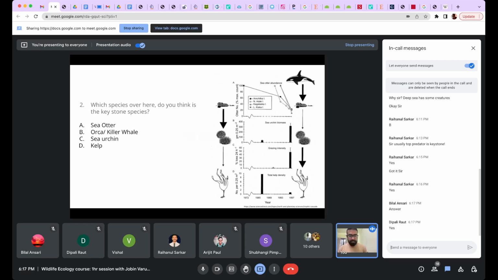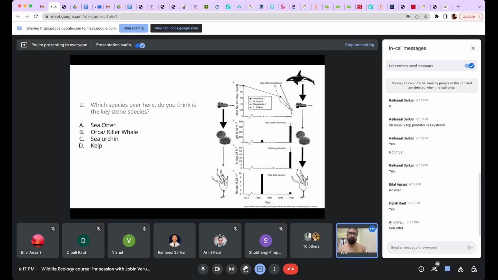So basically, sea otters are the ones controlling the sea urchin population, which controls the grazing intensity. If they are more, then the grazing intensity is high. If they are less, the grazing intensity is less. And thus it controls basically the kelp population, and kelp is the producer of the ecosystem.